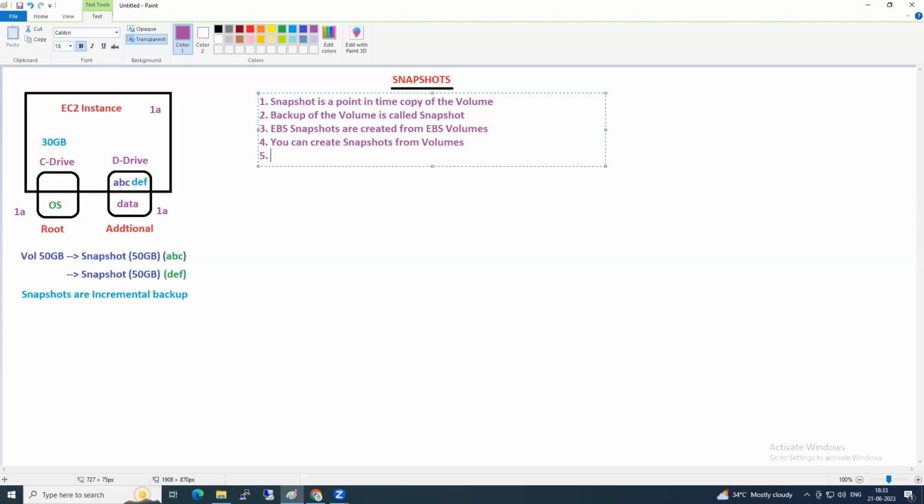If you are taking the backup of it, does it contain any availability zone? No. A snapshot doesn't contain any availability zone. But from the snapshot, you create a volume, and that volume you can create in some availability zone. So from an EBS volume, you can create EBS snapshots, and from these EBS snapshots, again, you can create EBS volumes.